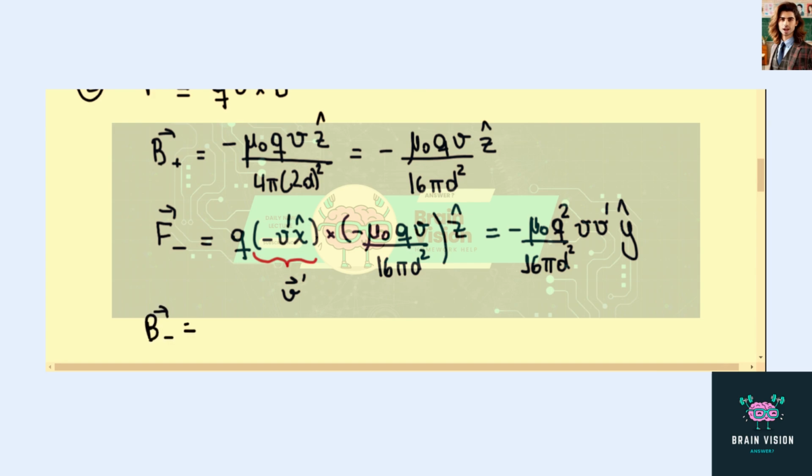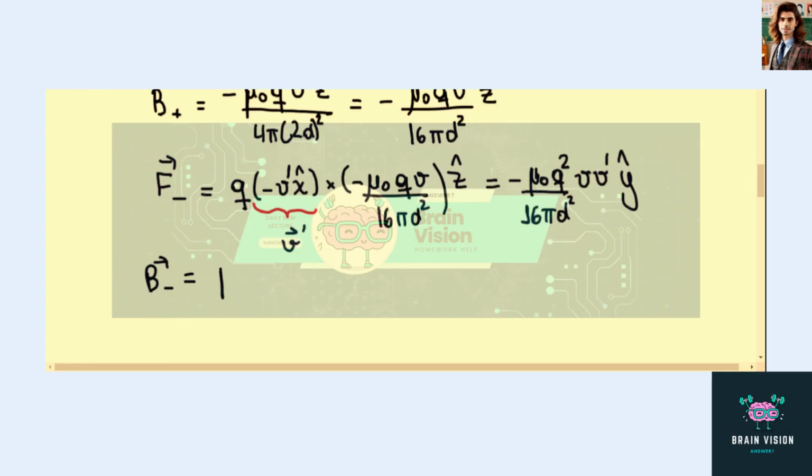This is the force on the negative charge, and notice that it points in the negative y direction. Now, the magnetic field on the positive charge, generated by the negative charge, is equal to mu 0 q v prime divided by 16 pi d squared z.